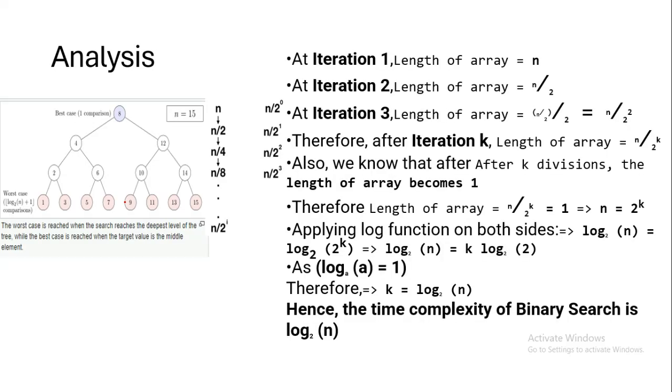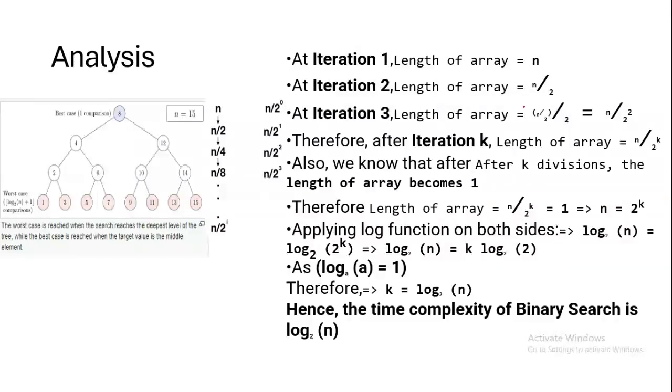Now coming to the analysis part. The first call will have the total number of elements as n. In the first iteration, the length of the array is n, whereas in the second iteration it is reduced to half, because we find the mid and compare it with the element to be searched, and accordingly decide whether to focus our search on the left half or the right half.